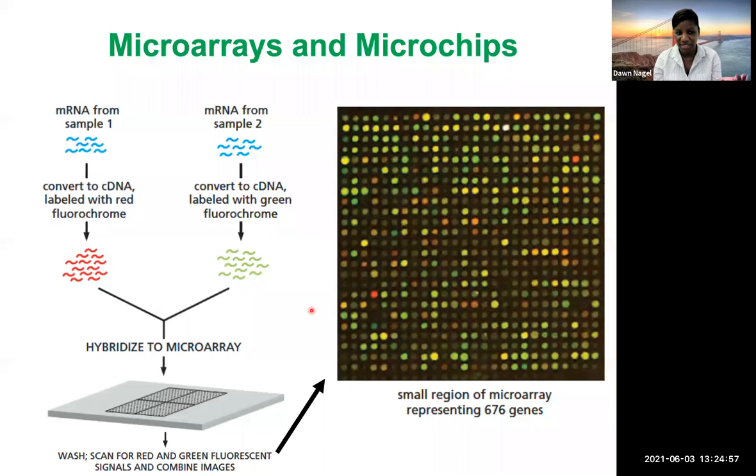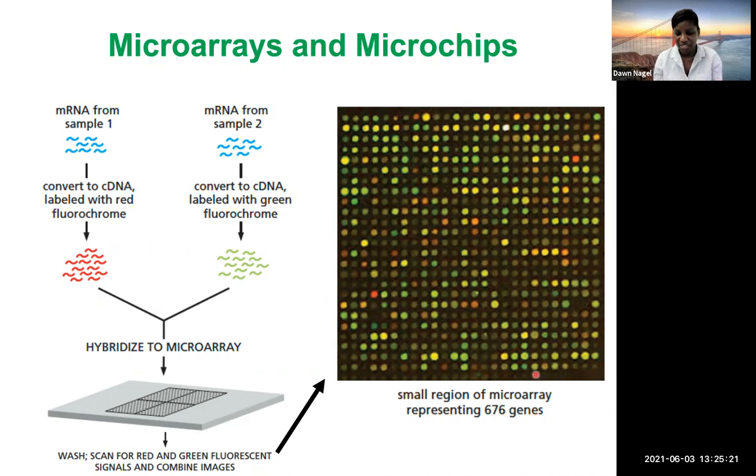So you can tell, is this gene only present in this sample? Is this gene, I'm looking at green, I hope this is green, present only in this sample, or is it present in both, right? So you can tell is your gene expressed or not. Yeah, and after you apply this, you have this small region.